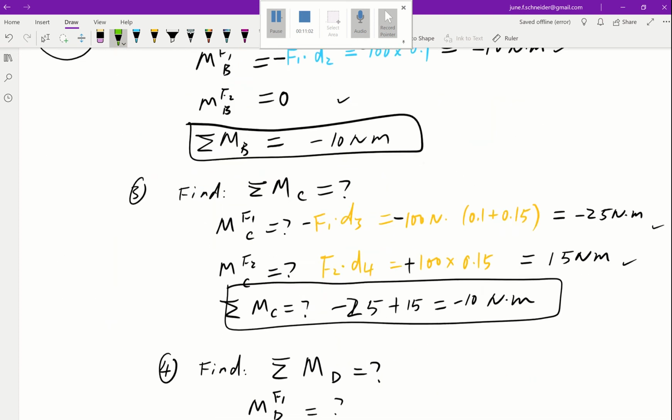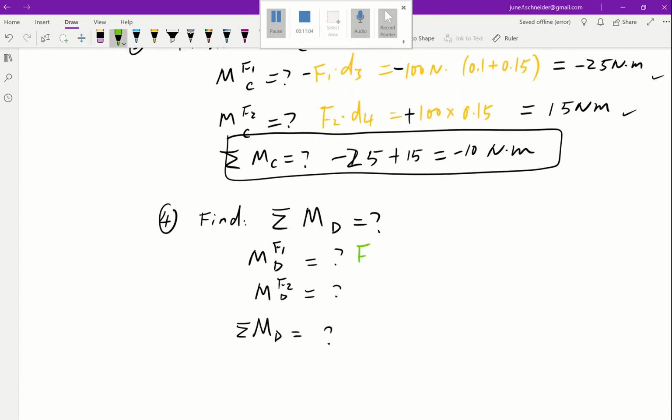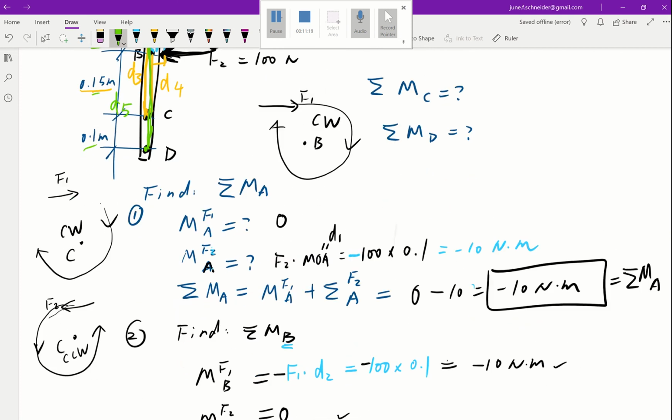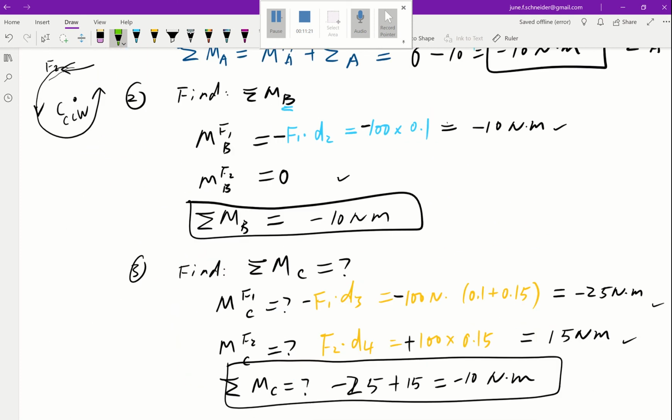So it's F1 times D5. F1 is 100 Newton. D5, we said, is added together: 0.1 plus 0.15, and let's go back to C, and plus 0.1.